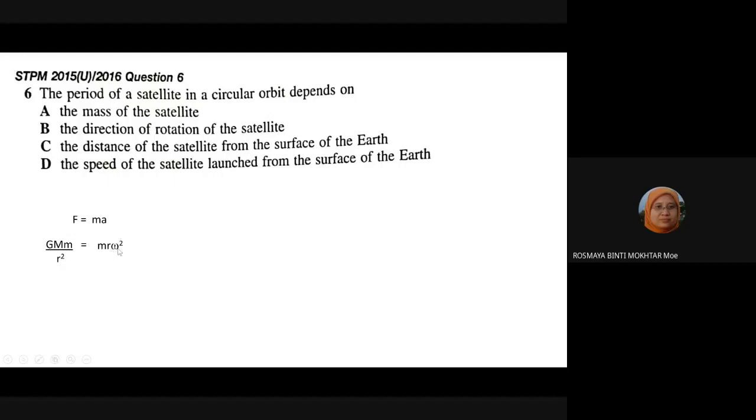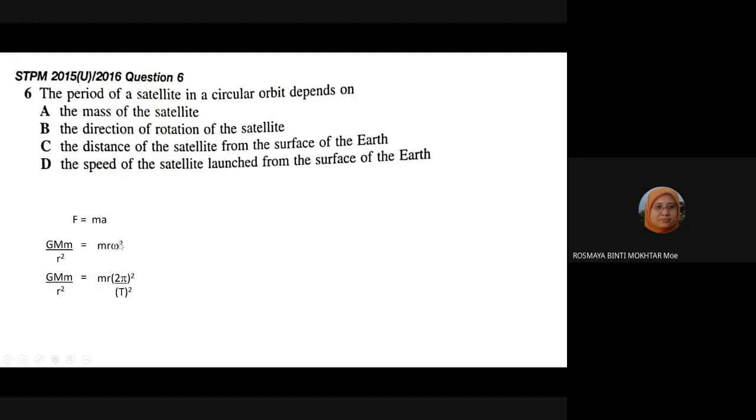For circular motion, another equation is mv omega. Which one to choose depends on the question. In this case, we are going to determine the period, so you substitute mr omega squared. Now omega, the angular velocity, equals 2 pi f, and f is 1 per T. Therefore angular velocity is also 2 pi per T.